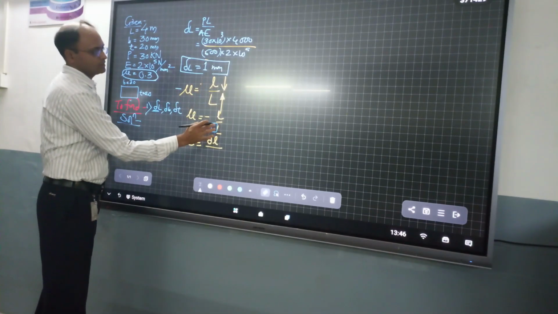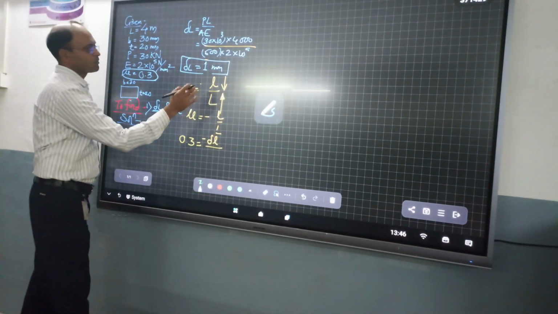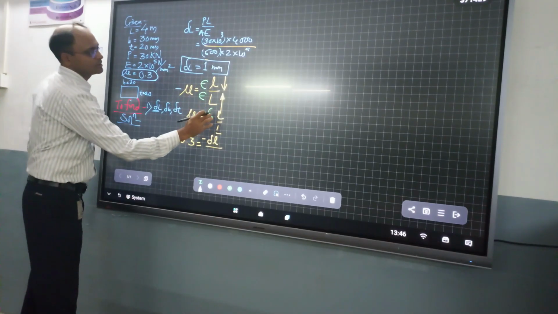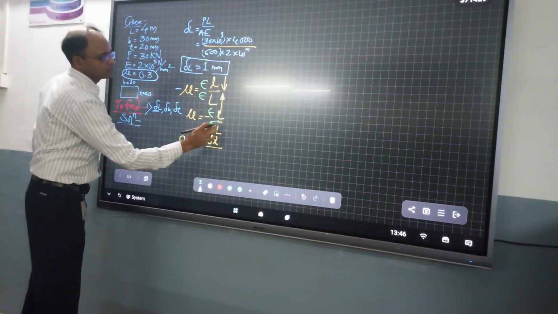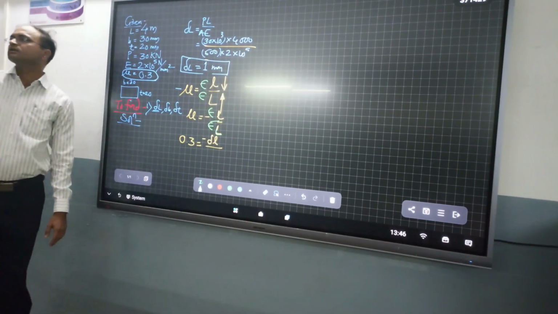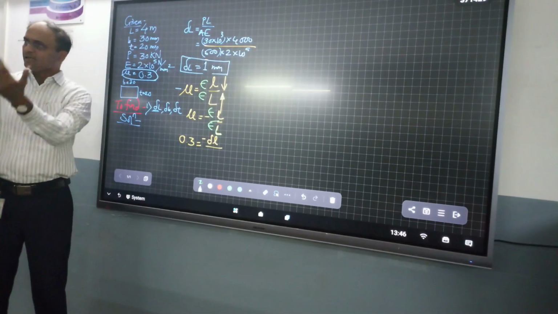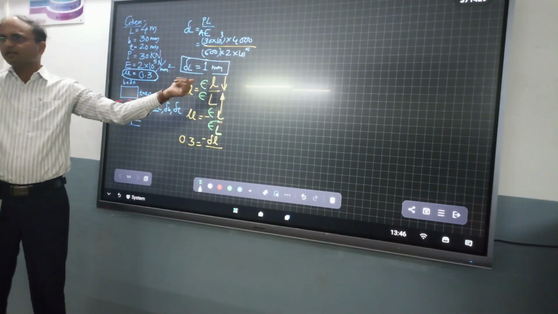This is, please correct me here. This is epsilon L upon epsilon capital L. Epsilon L upon. I was saying strain, but while writing I wrote it as delta.